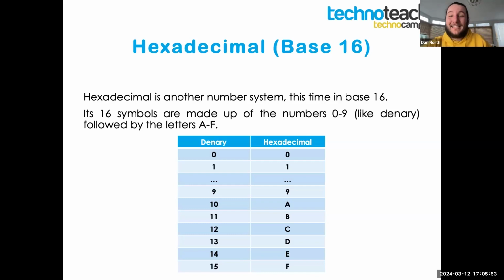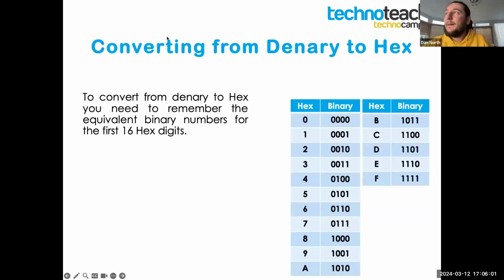Anyway, hexadecimal uses 16 symbols, which we call 16 hex digits. So we start on 0, 1, 2, 3, 4, 5, 6, 7, 8, 9, A, B, C, D, E, F. So the number 15 in hexadecimal is F. If you were to write the number 15, you'd write F. The number 9 in hexadecimal is 9.